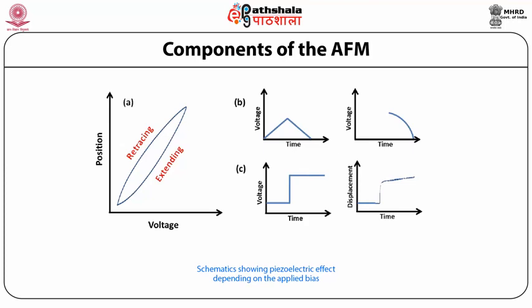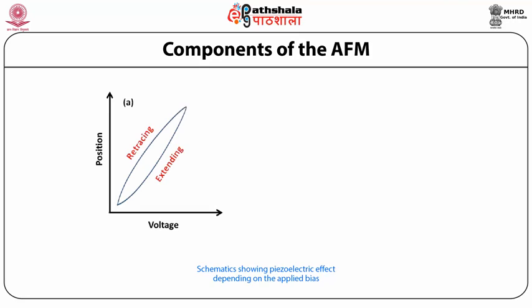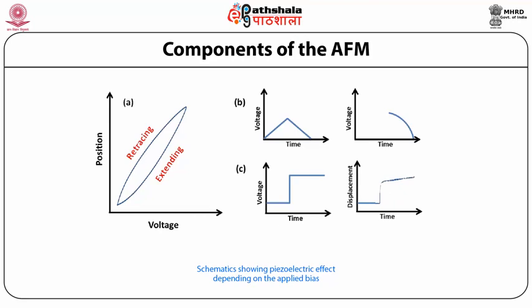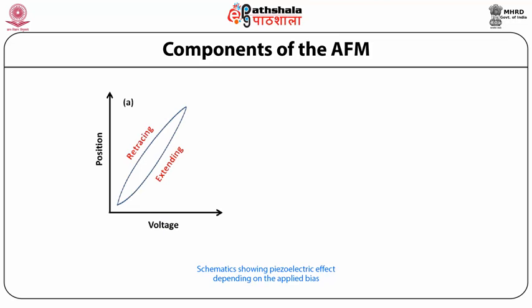The effect of nonlinearity and hysteresis can be seen from the curves presented in figure 7. As the piezo expands and retracts throughout its full range, its movement with applied bias is reduced in the beginning of the extension but larger at the end.